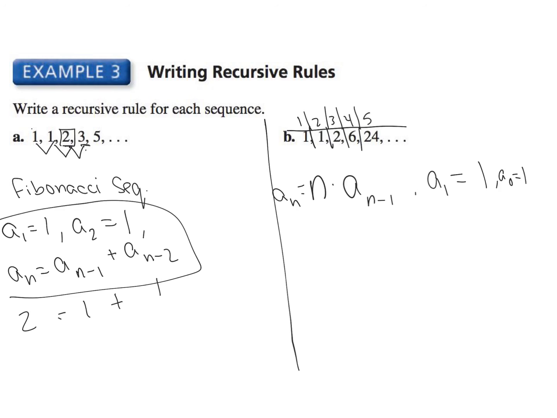As I said, it's less important that you know this, but if you look, you get 2 times 1 equals 2, 3 times 2 equals 6, 4 times 6 equals 24, and 5 times 24 would be the next term.